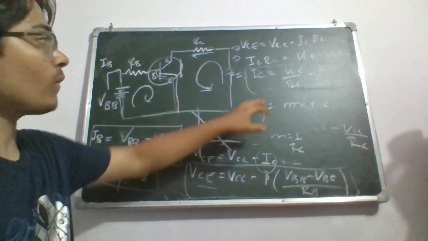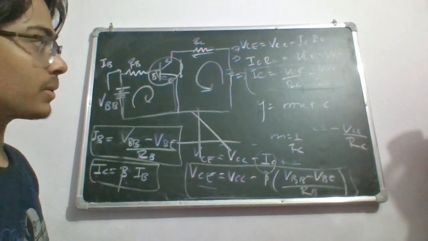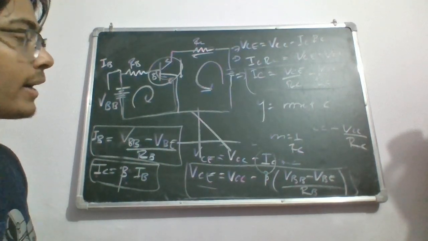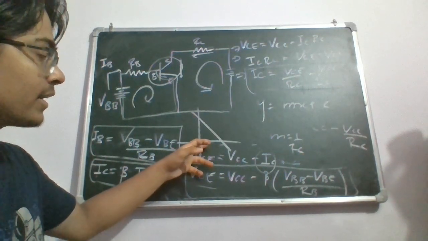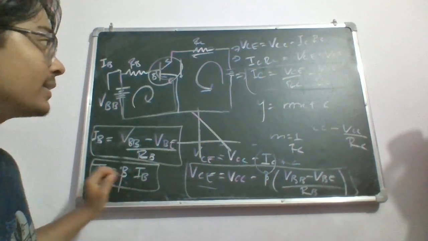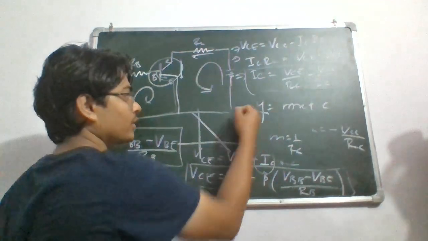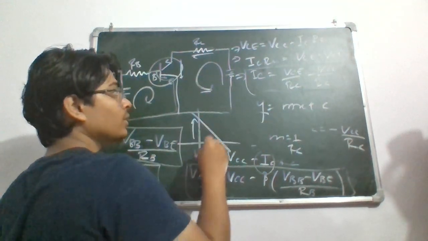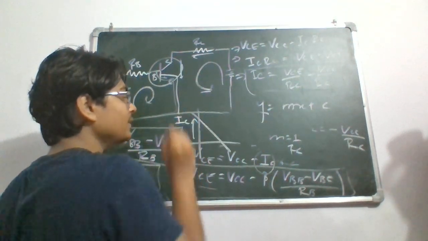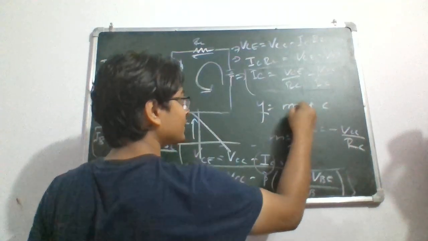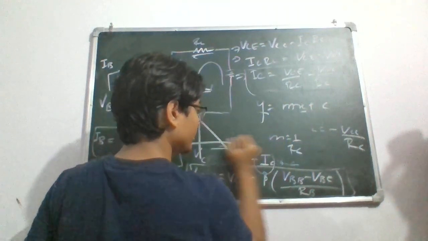This is a straight line linear equation, and if you express it in a graph, it looks something like this. The y axis represents IC, and the x axis is VCE.